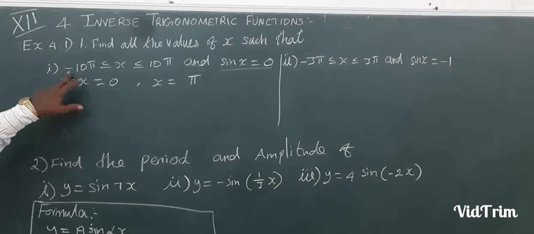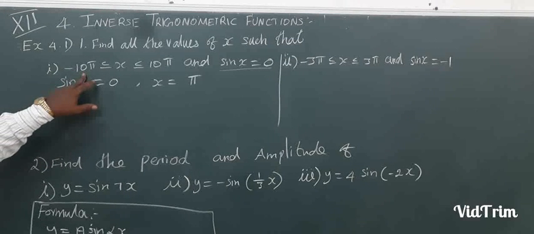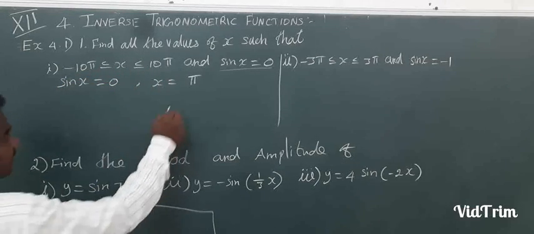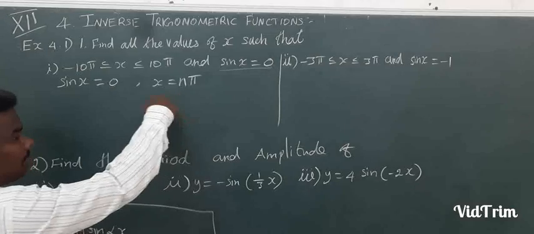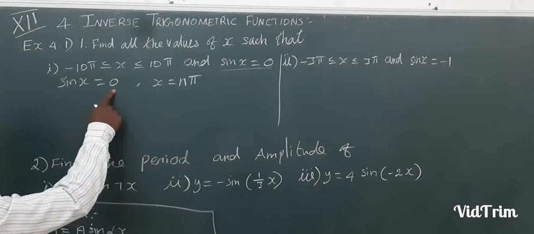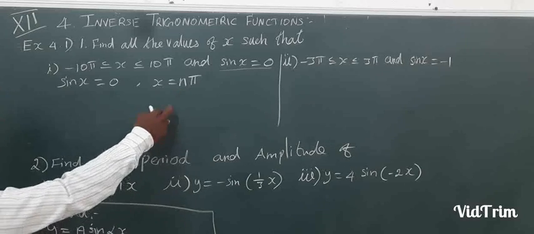They are asking from minus 10 pi to plus 10 pi. So I select n. Whatever value you select for n, all of those will give 0. Now next we decide the n value.